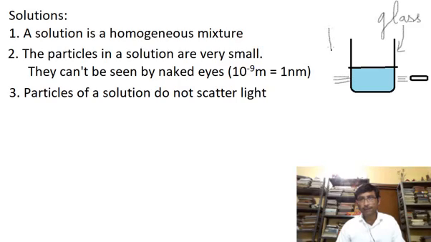And if we have a screen over here, some kind of cloth or a paper which acts as a screen, then we will see this light over here. What does this show? This shows that the light passes through the container and through the solution and comes out from the other side, and it is seen on the screen.